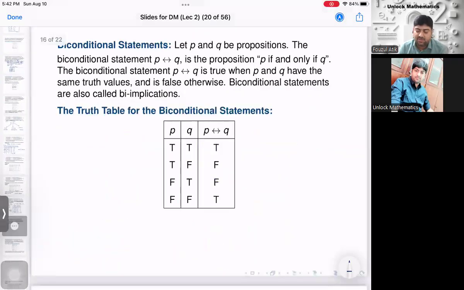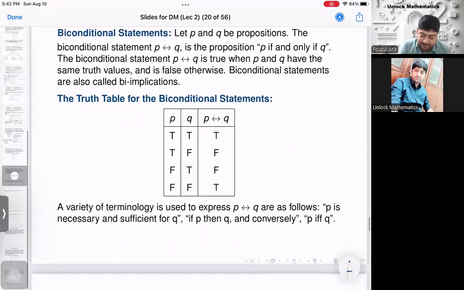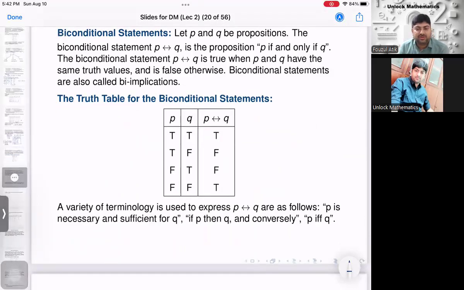Okay. So as I mentioned, this is the biconditional statement and we are done with this. The biconditional statement you can also read as P is necessary and sufficient for Q. This is another equivalent terminology. You can also say if P then Q and conversely.